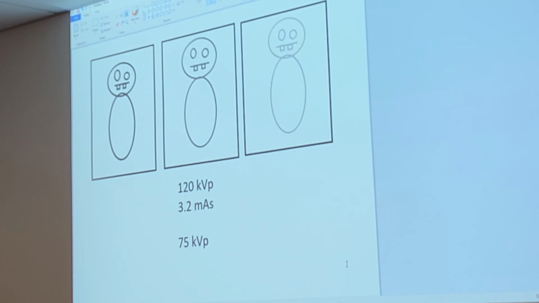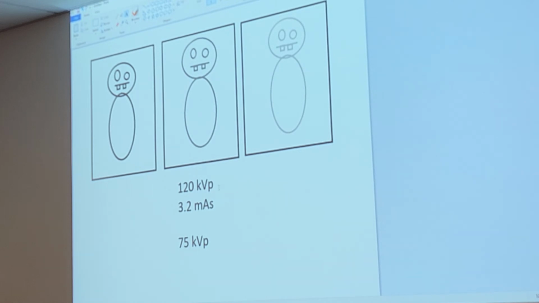But I wanted my image to still be about the same brightness. Well, what mAs should I use? How would I figure out what mAs I need? Do I just keep guessing until I get it right? That's a lot of repeats. No, I use the 15% rule.